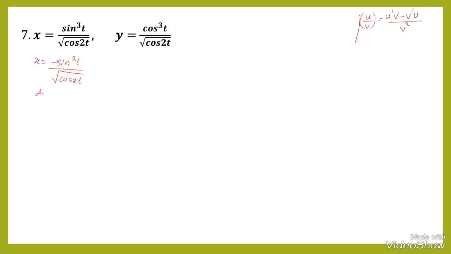Differentiate with respect to the parameter t. Then dx by dt is equal to: first I have to differentiate sin cube t, d by dt of sin cube t, keeping root of cos 2t constant, minus d by dt of root of cos 2t, taking sin cube t as a constant.